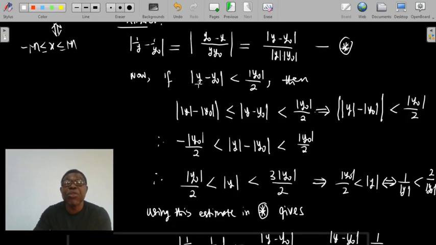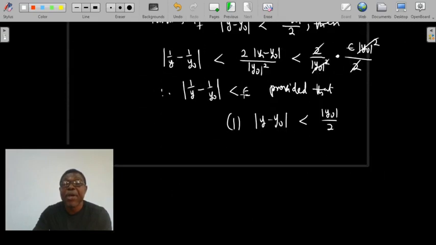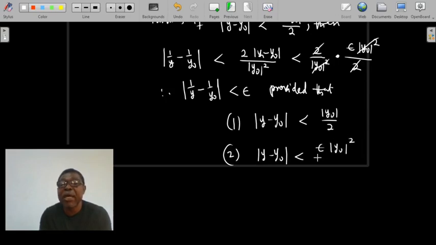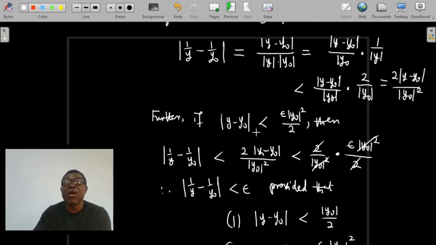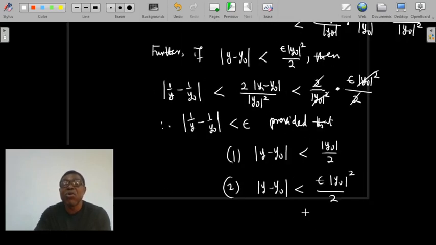That's the first condition, or first control we place on absolute value of y minus y naught. And 2, we must have that absolute value of y minus y naught must be less than epsilon absolute value of y naught all squared over 2. That is the second condition here. So putting these 2 together, because these 2 must be satisfied before we can get that this happens.